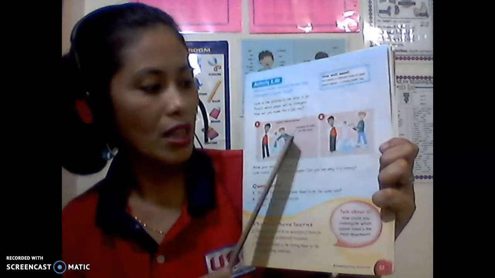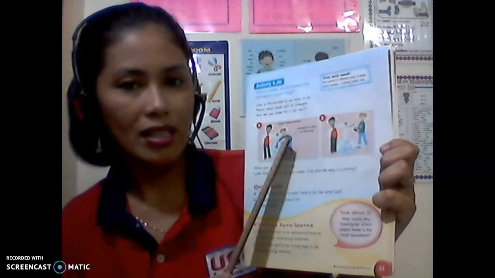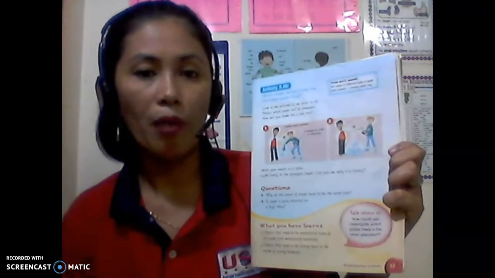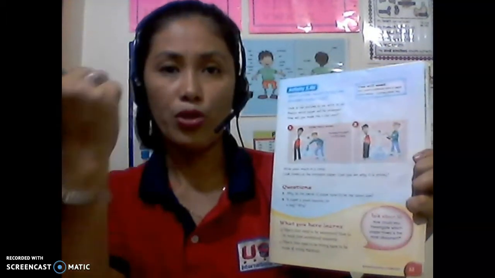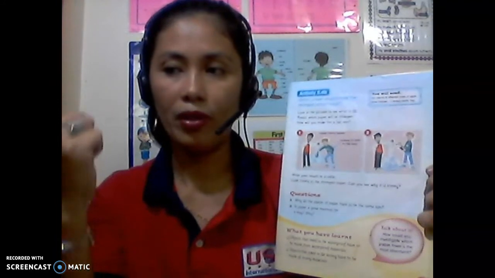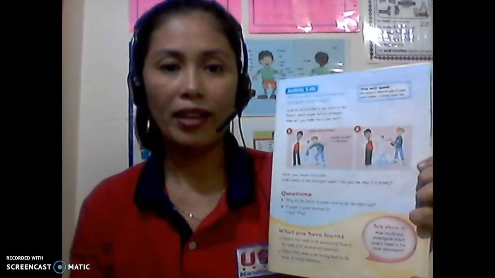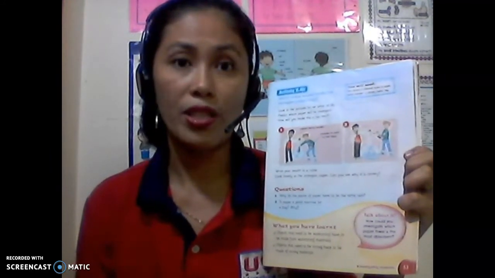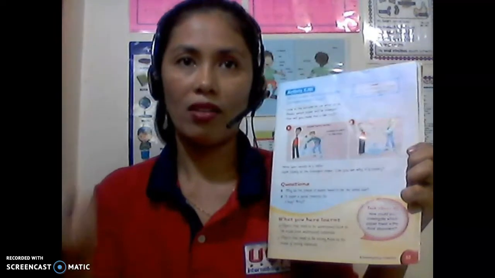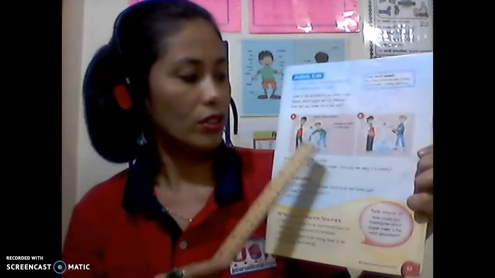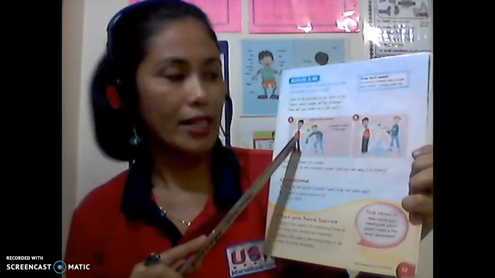But here they are using these masses. Can you imagine the barbell we use for exercising? Masses are the same as that. Some have 5 kilos, some have 10. If you go to the gym, you will see those. You can carry a barbell of only 5 kilos, like that. These are used to add weight.